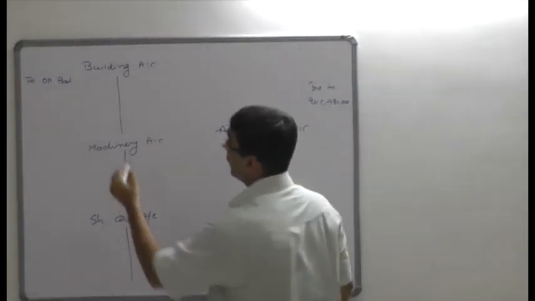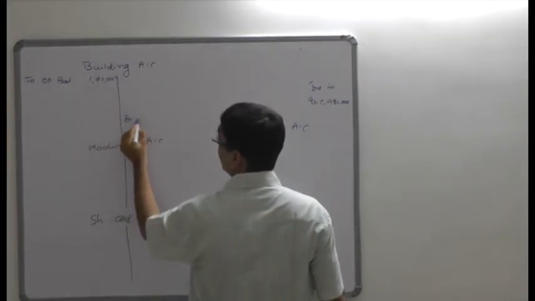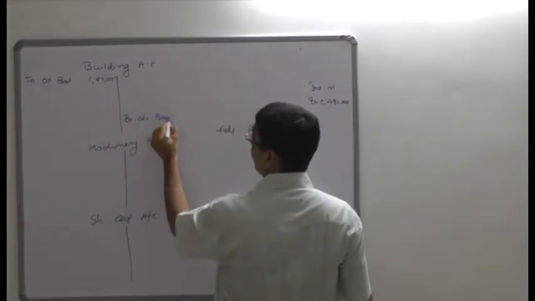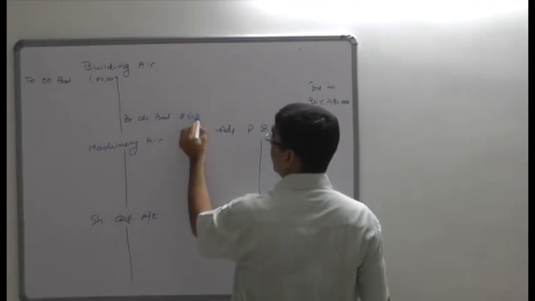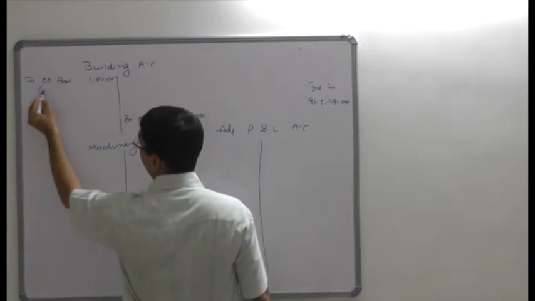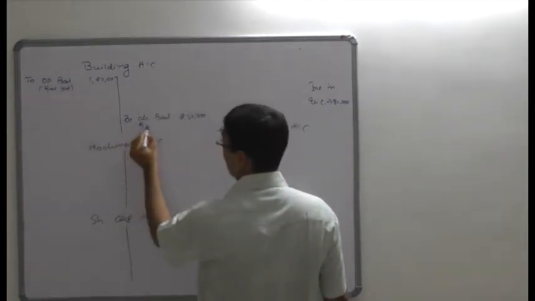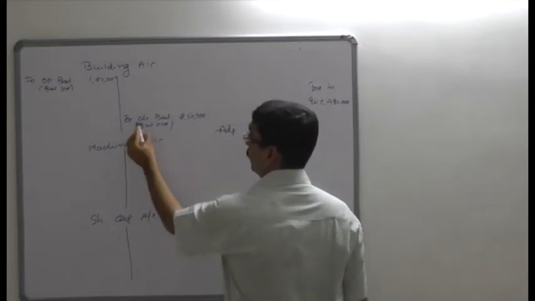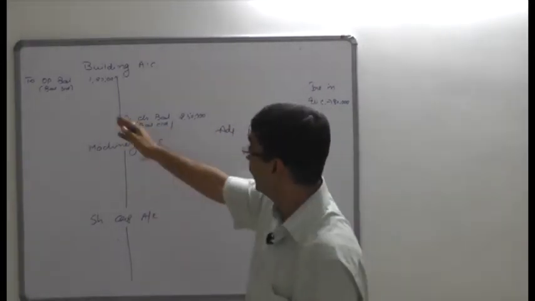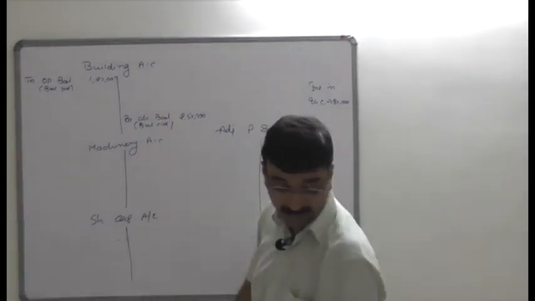The opening is 1,20,000 here, and the closing balance is 2,50,000 rupees here. You can write it like this also, balance brought down, and balance carried down. Anything you want to write, whether opening and closing balance, or balance brought down and balance carried down. So this is the building opening and closing.